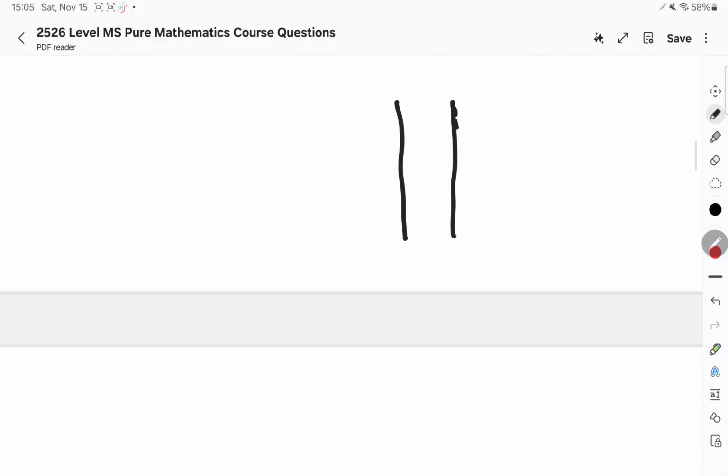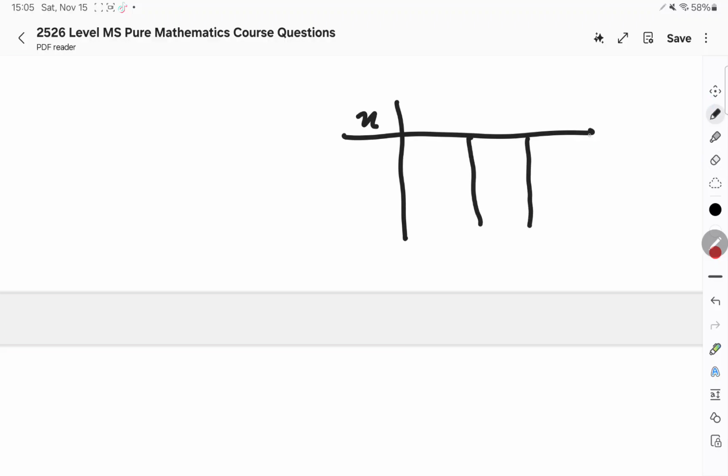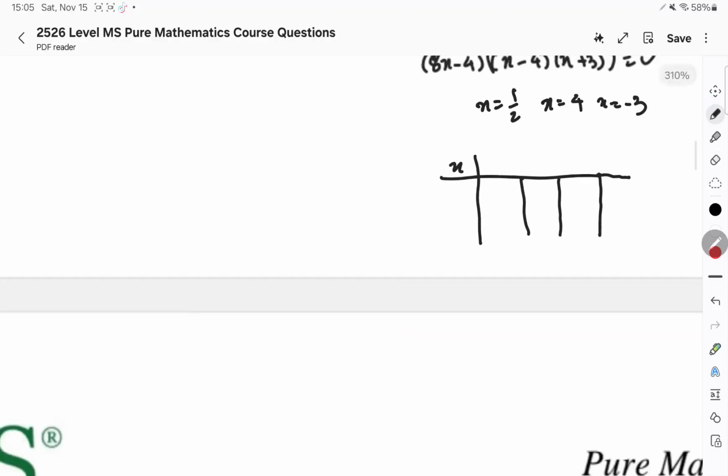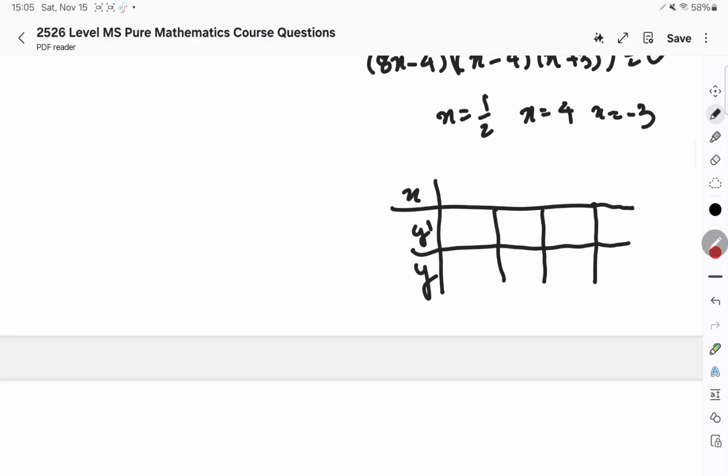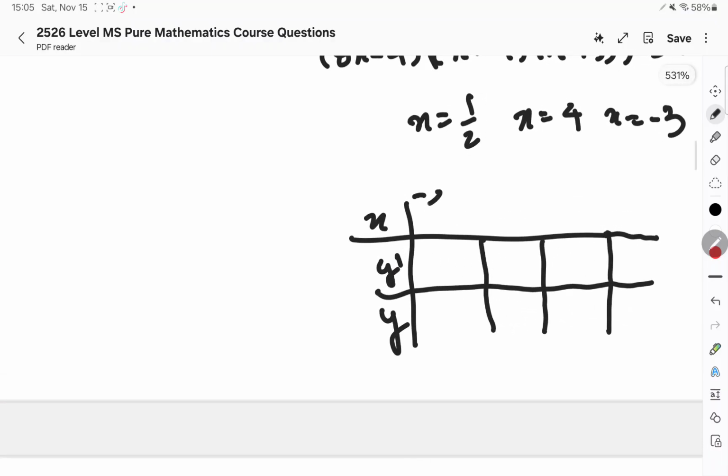Then to determine whether it is a minimum or maximum, we must draw the table of variation here. We have y prime and y, and then over here minus infinity, plus infinity, we write minus 3, half and then 4.